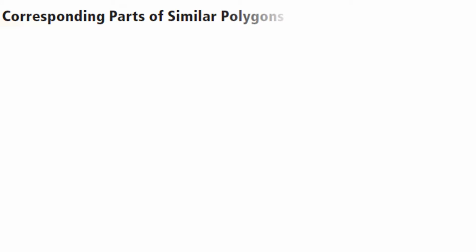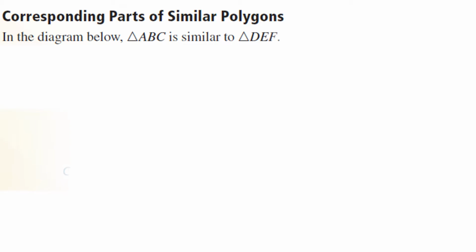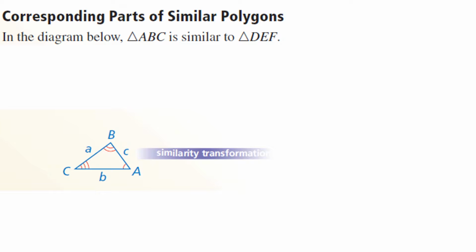Okay, so now we can reduce fractions, we can solve proportions. Let's get back to geometry and see how we can apply these skills to geometry. Now again, similar means they're the same shape, but not necessarily the same size.